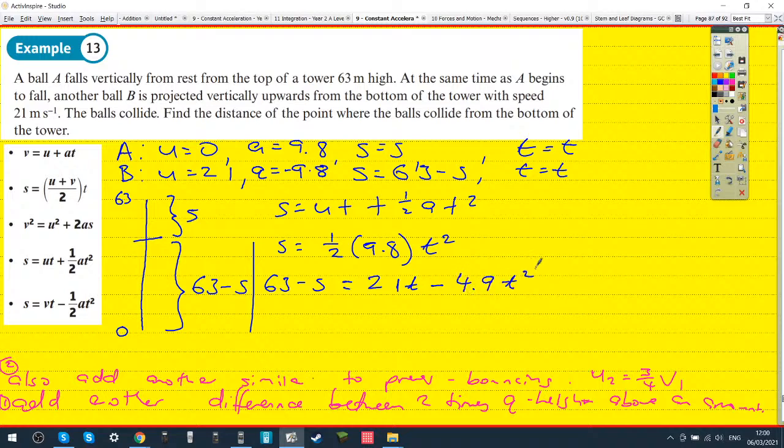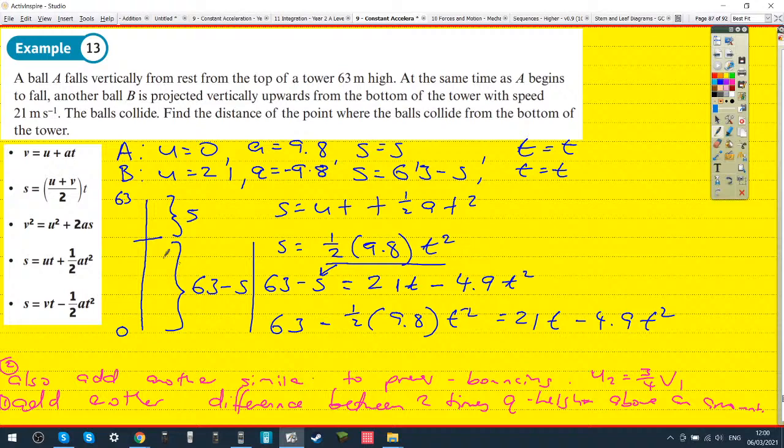Well done. So this s equals this. So this thing here, sub that there. 63 minus a half 9.8 t squared is equal to 21t minus 4.9 t squared. You would solve that and take the first answer, when they initially hit into each other.